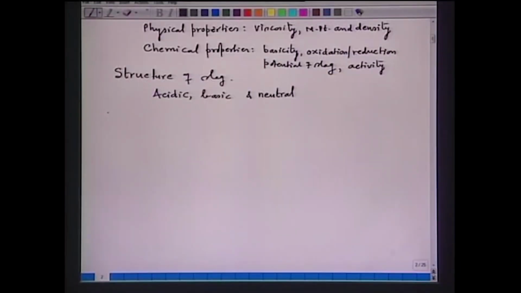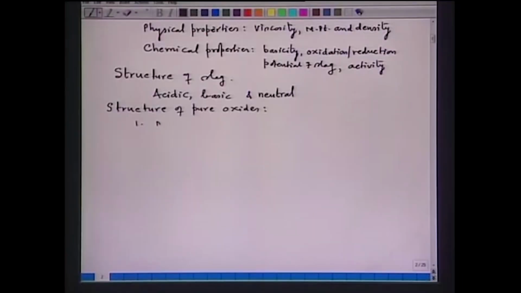So, let us consider the structure of pure oxides. Some essential features: oxides have cations and anions. Metallic cations are surrounded by anions.